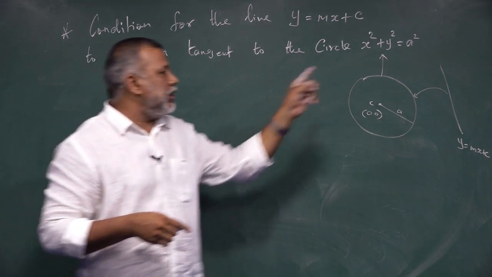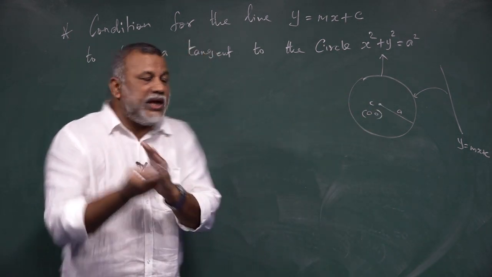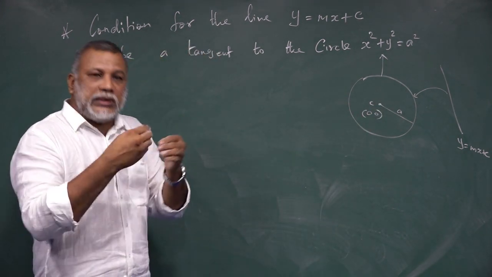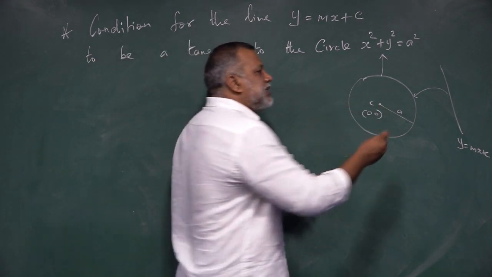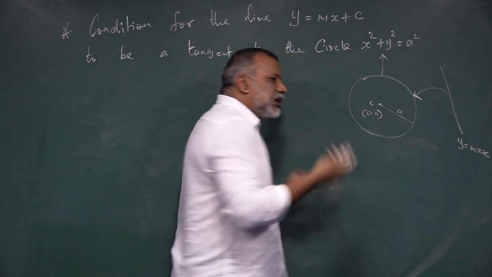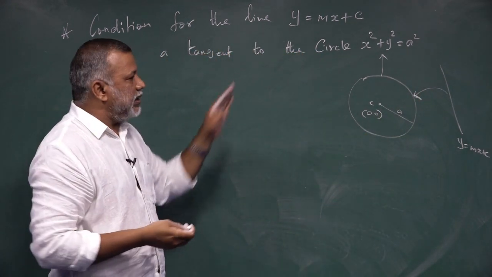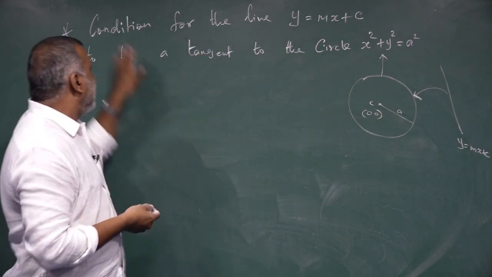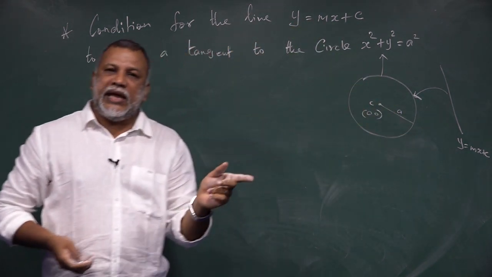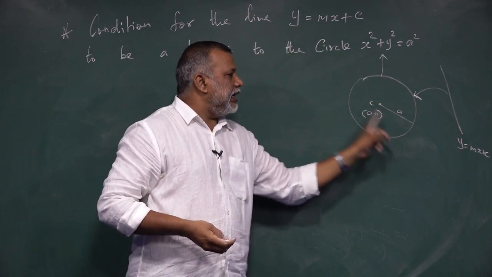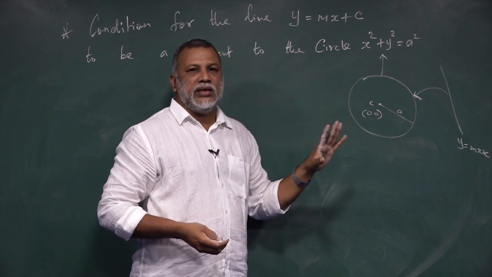That is the condition for the line y equal to mx plus c to be a tangent. If a line is to be a tangent, then it must satisfy some condition. That is the derivation concept. Now, the given circle is x squared plus y squared equal to a squared.